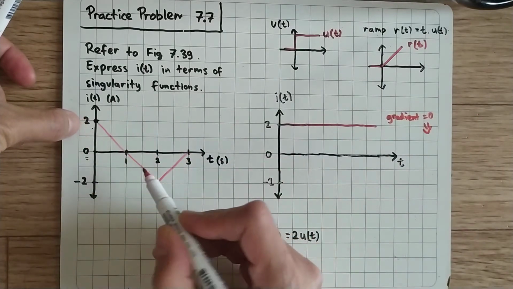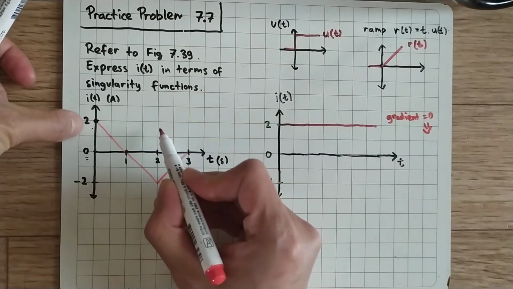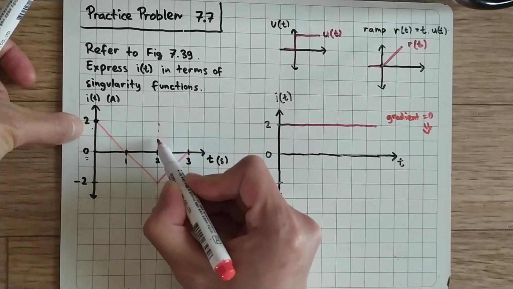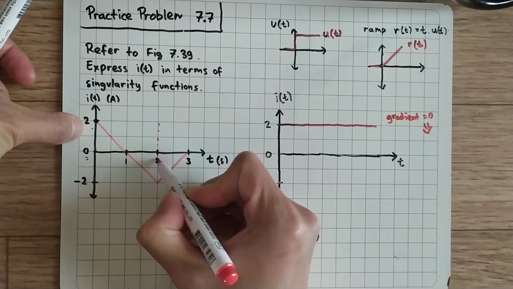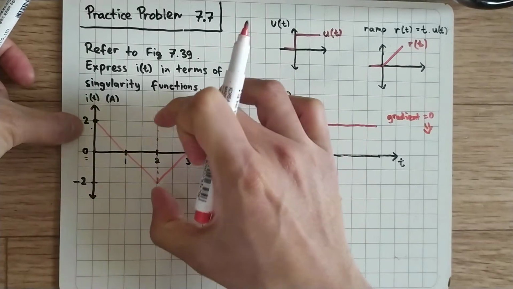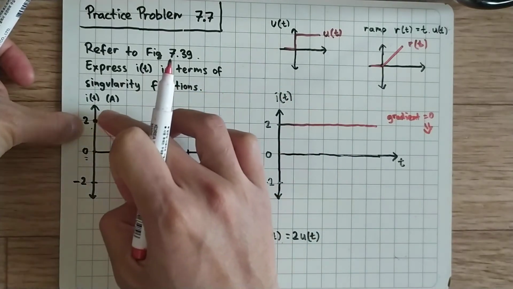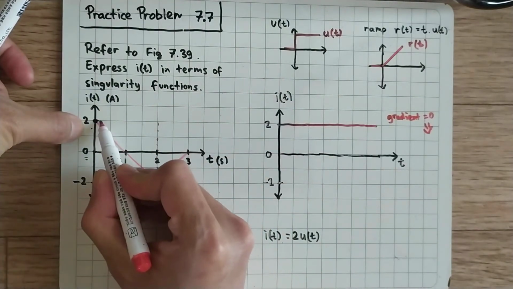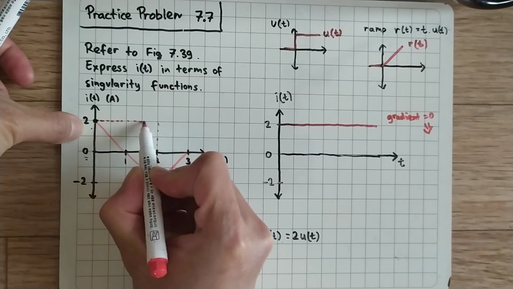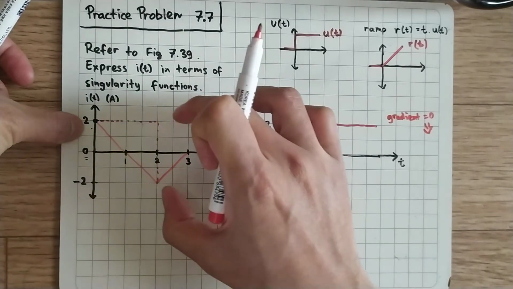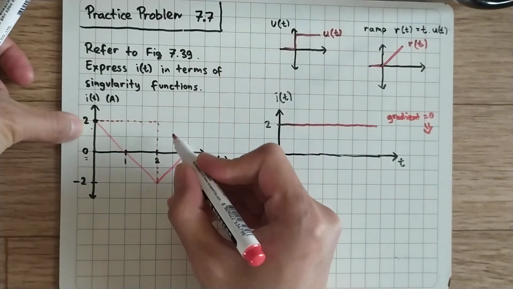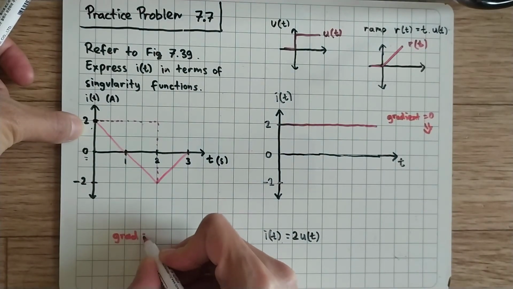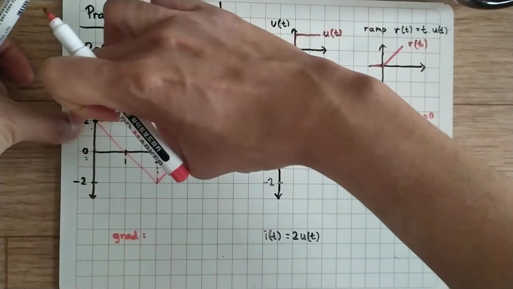So how do we calculate the gradient? We take a look at this line here, and we count the height. This is 2 and this is minus 2, so the height is 4, and the width is 2.